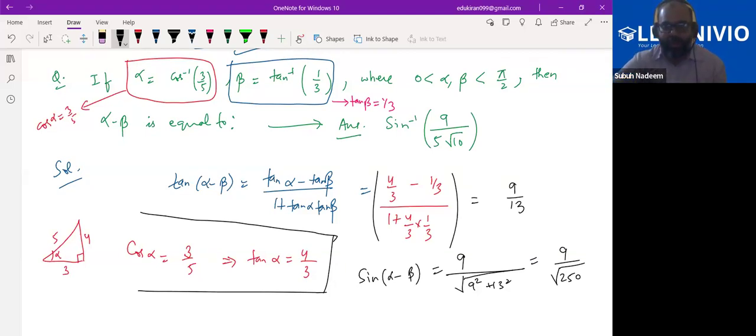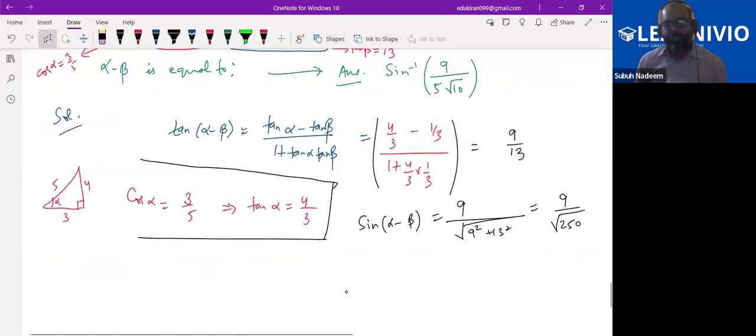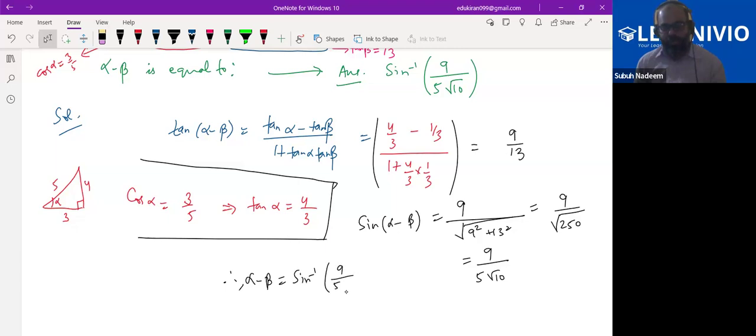Now 250 can be written as 5 root 10, taking 25 outside. So thus alpha minus beta can be written as sine inverse 9 by 5 root 10. This will be the answer.